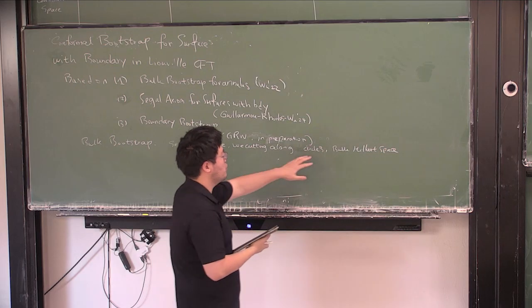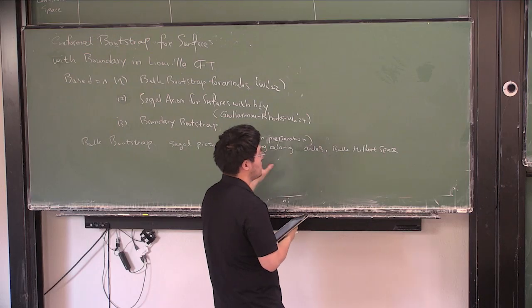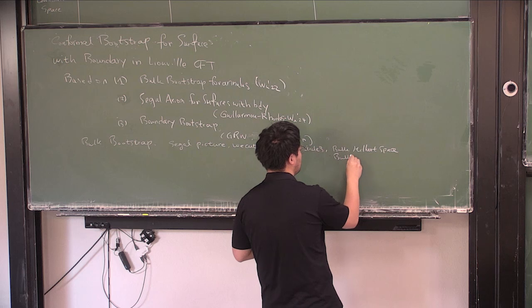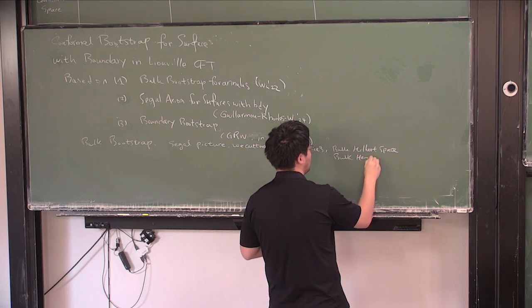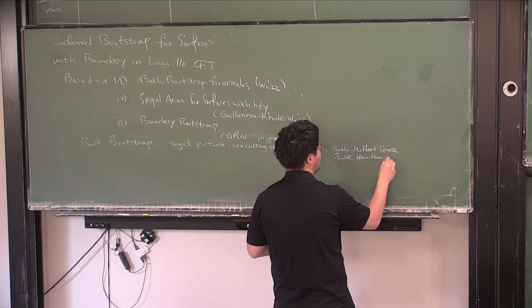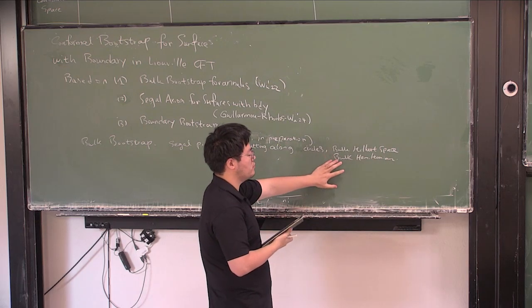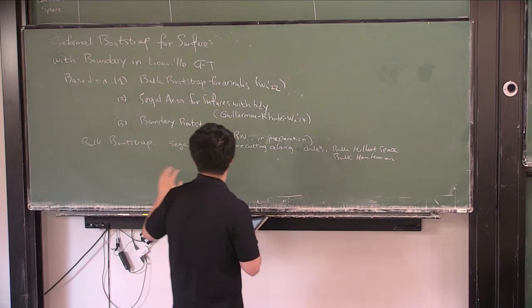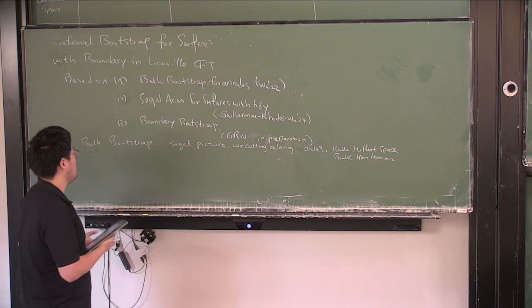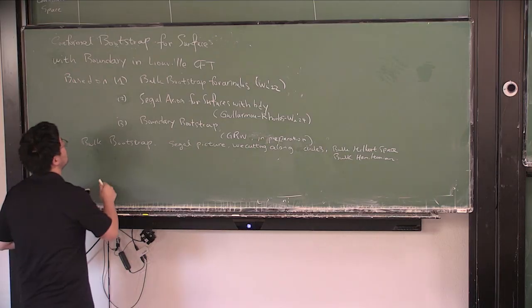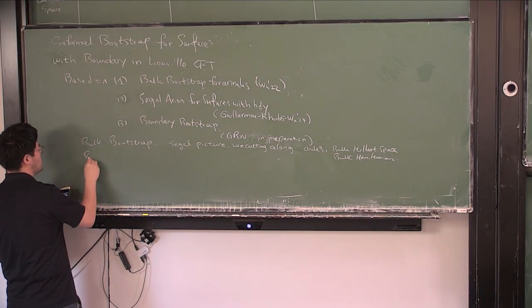For this bulk Hilbert space, we can also associate some bulk Hamiltonian. And by the spectrum resolution for this bulk Hamiltonian, we mean the bulk bootstrap. The similar terminology is called boundary bootstrap.